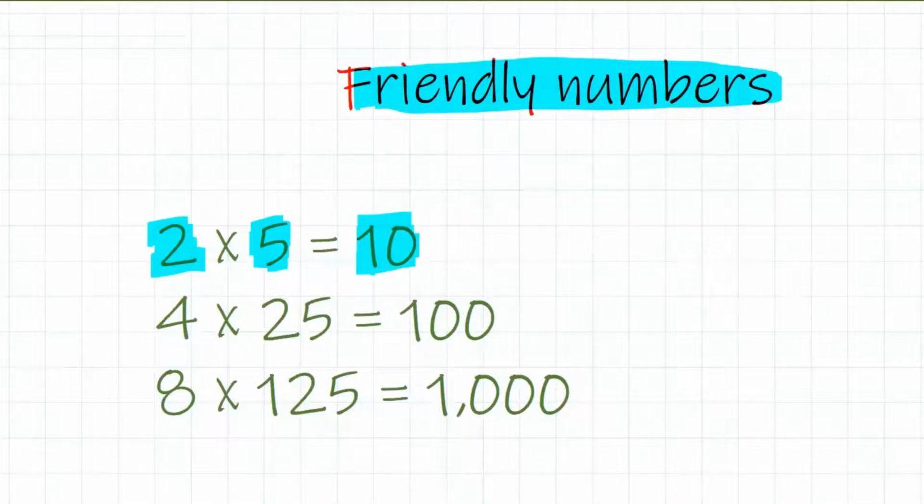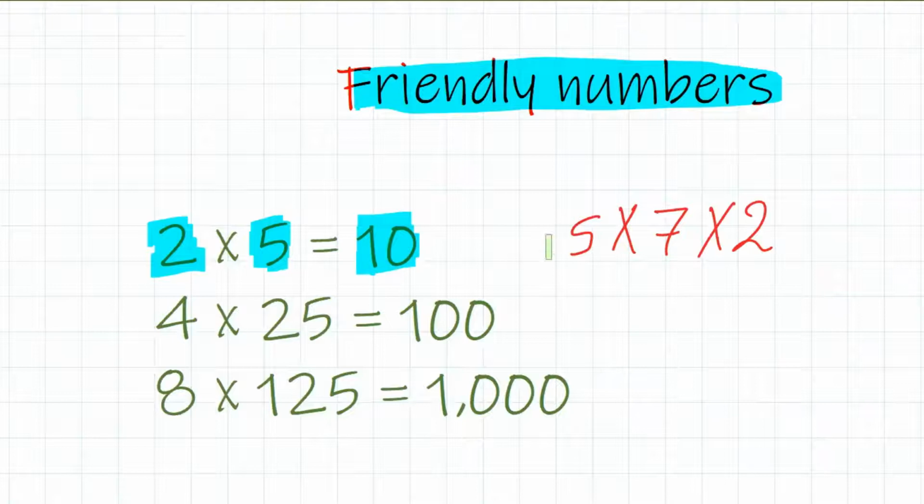So for example, if we have 5 multiplied by 7 multiplied by 2, we have 3 numbers, right? So let's regroup it. We have here 2 friendly numbers, which are 5 and 2, right?